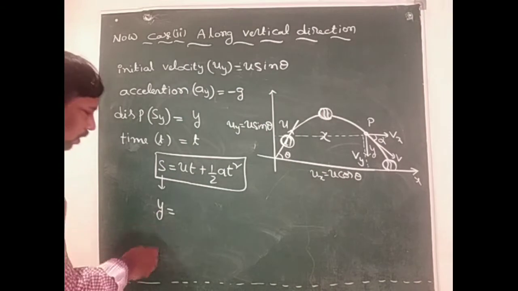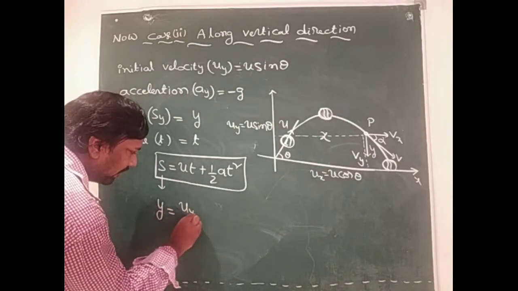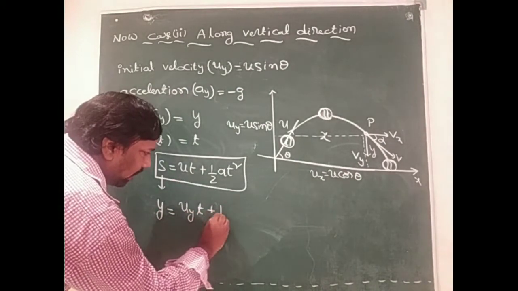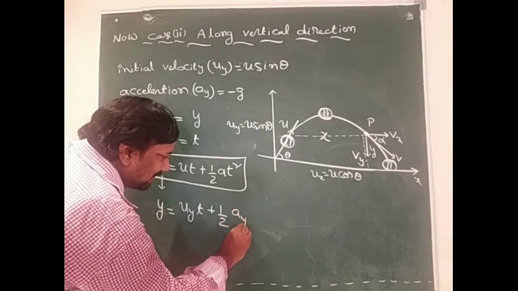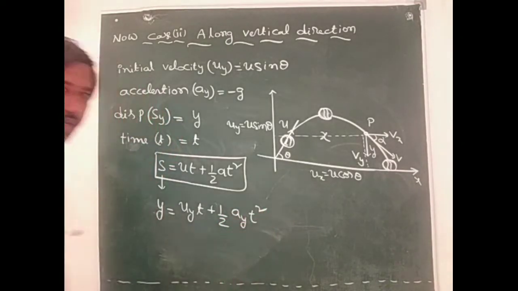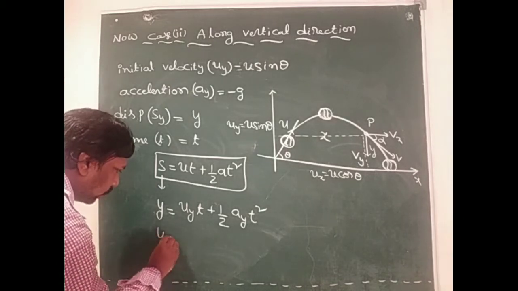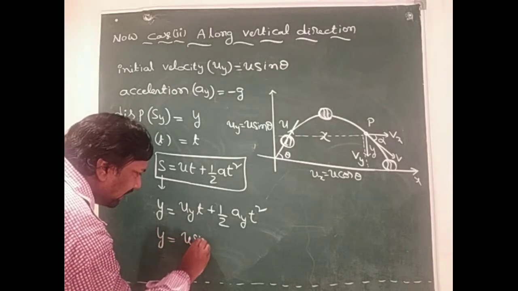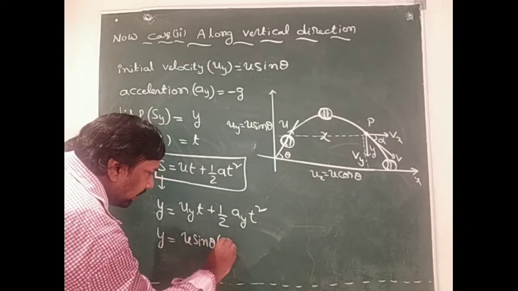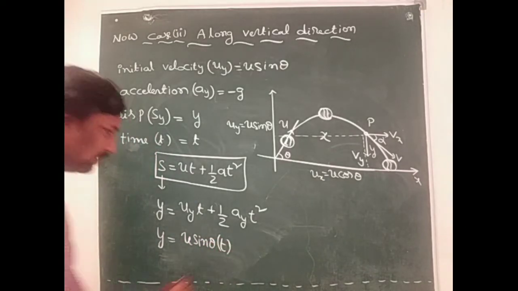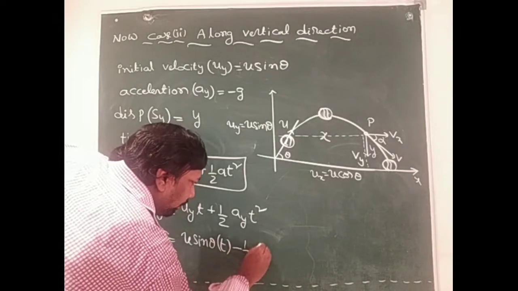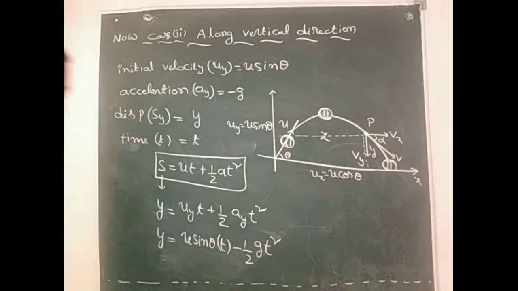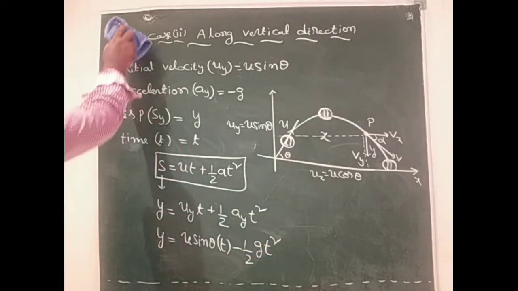So y equal to uy into t plus half ay into t square. So now y equal to uy, means u sin theta into t, ay means minus g, minus half g t square.